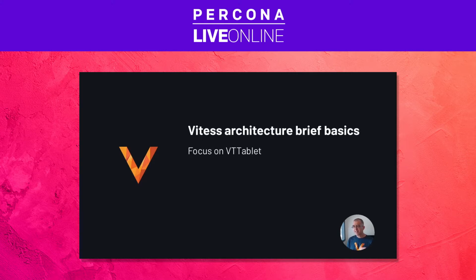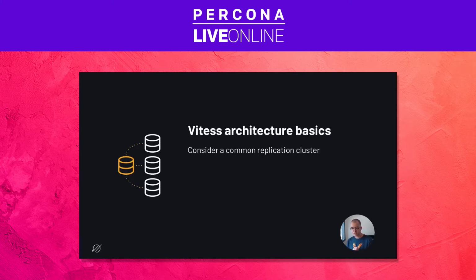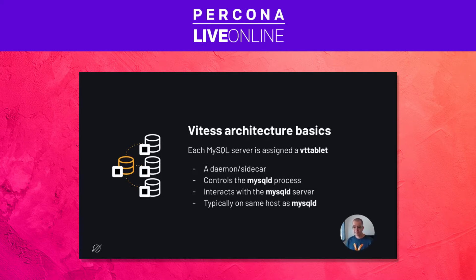So, the very basics of Vitess architecture, and we'll only focus on the VT tablet part. If you consider your normal MySQL replication topology, we attach a VT tablet, which is a daemon, on each of the MySQL servers. It's typically running on the same server, co-located with MySQL.